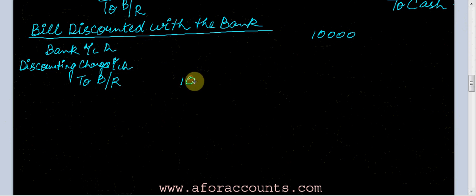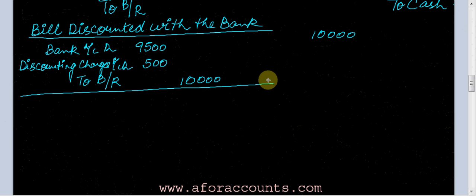Say bills receivable is 10,000. 9,500 the bank gives me now, and 500 is my expense because I could not wait for 3 months. So discounting charges are paid by me to the bank. Now the bank will get the money after 3 months, but I get it right now. That is known as discounting of bill. Okay. Let's start with the practical questions now for a better understanding.